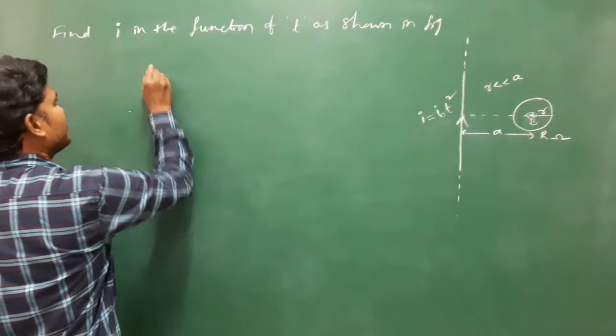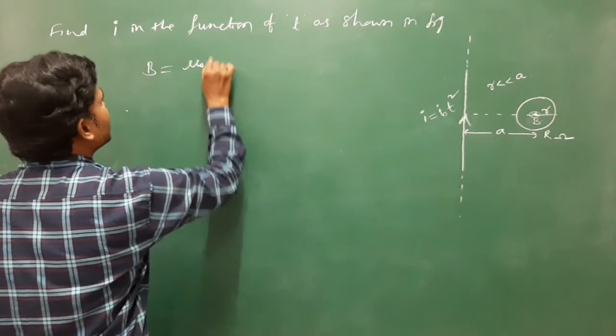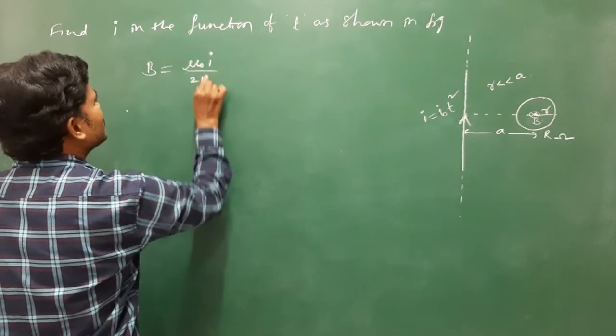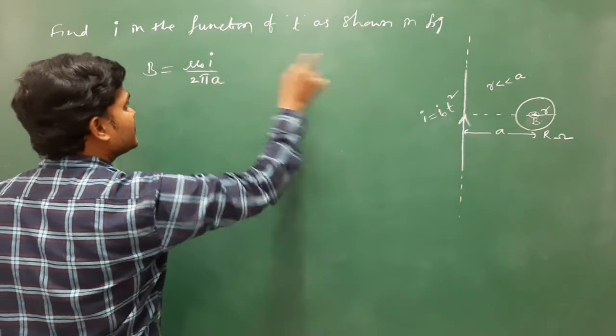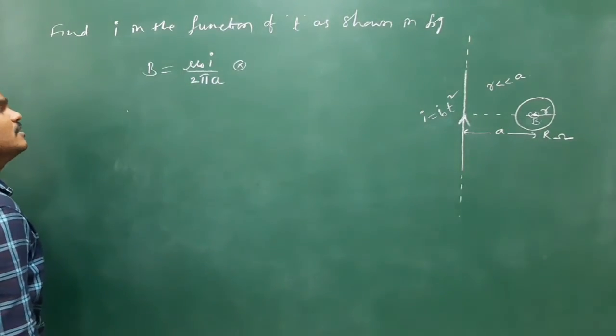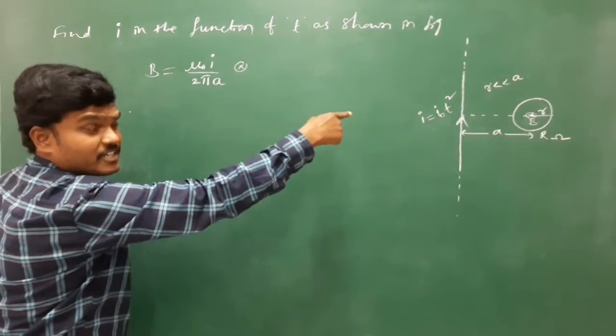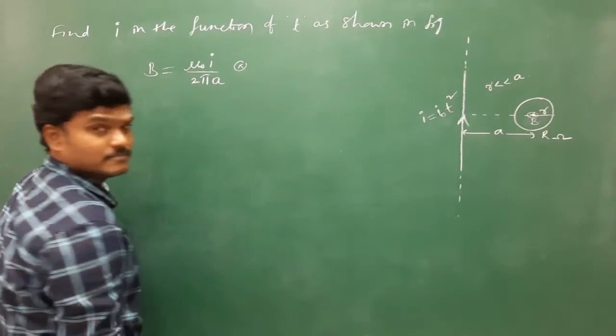So the magnetic field due to the straight wire is mu naught I by 2 pi a, that is into the board. Now indirectly the coil is subjected to an inward field that is increasing with respect to time.